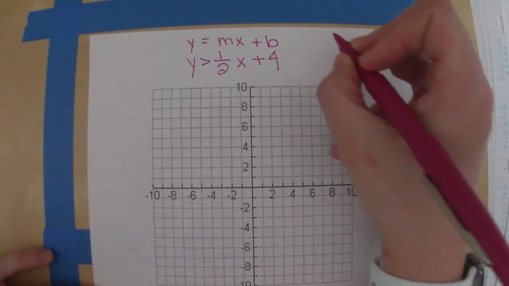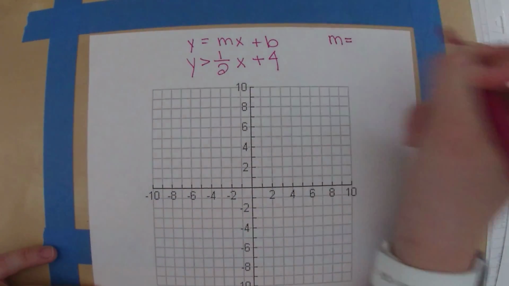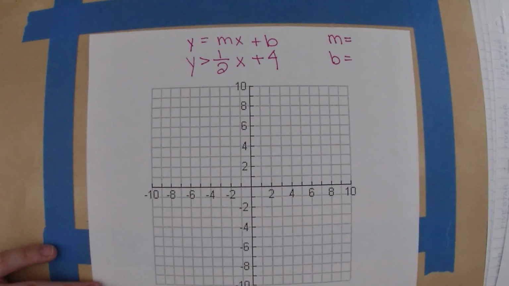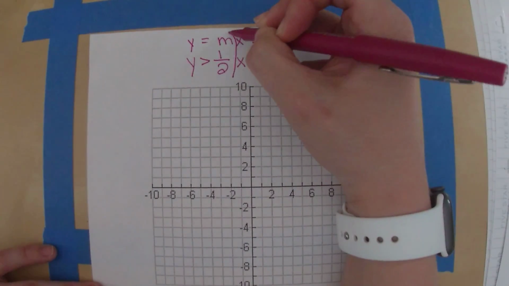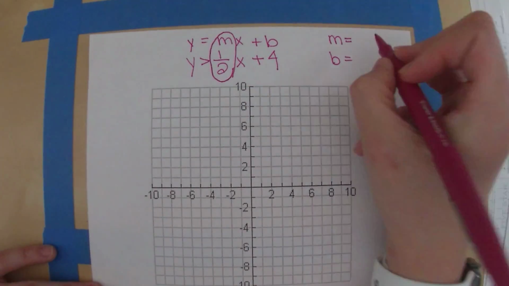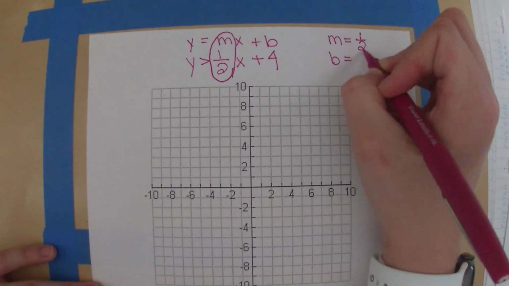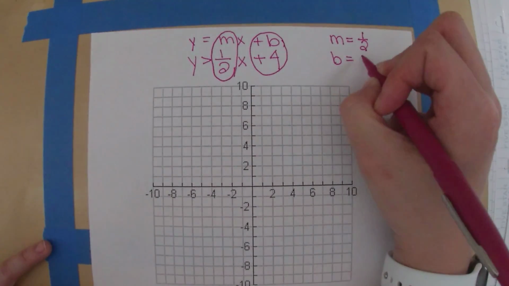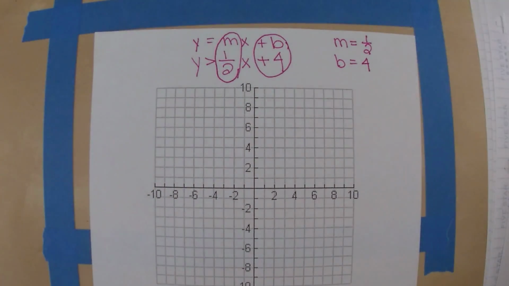So we are still just going to look at this and find m and find b, remembering that our m is what is sitting directly in front of x and our b is what is sitting without the x. We have one number with x and one number without.